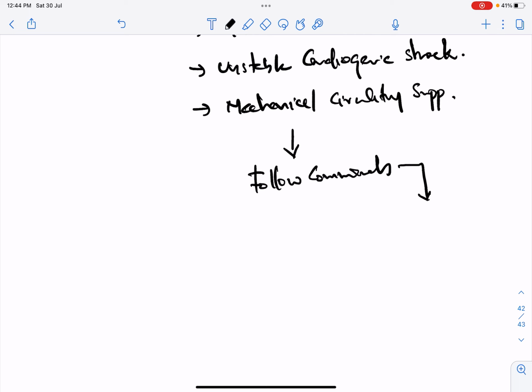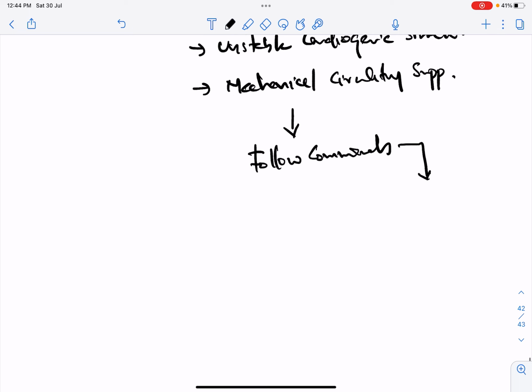We give certain commands and watch whether the patient is obeying or not. If the patient is awake and following the commands, then other critical care management should be considered.